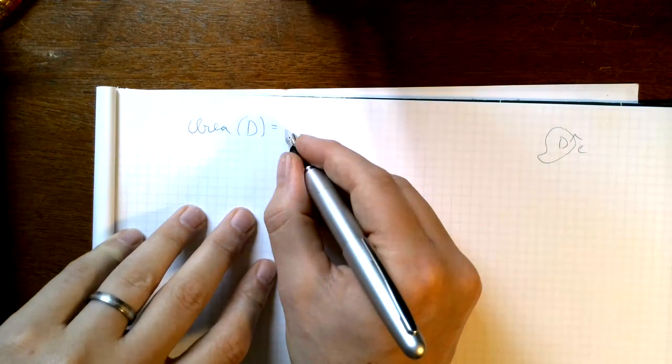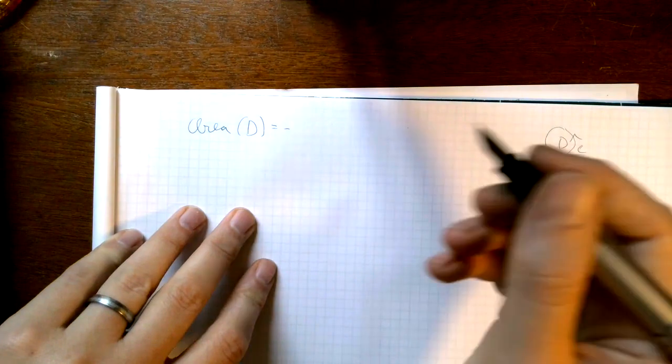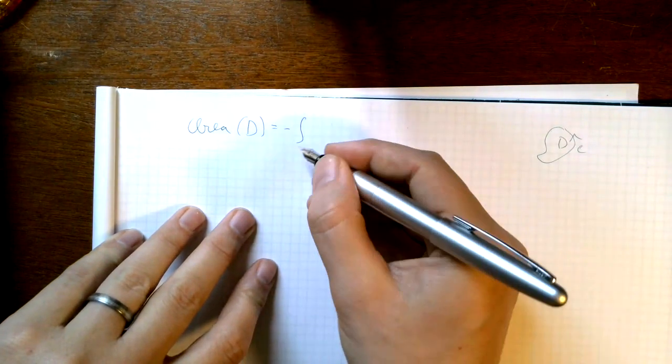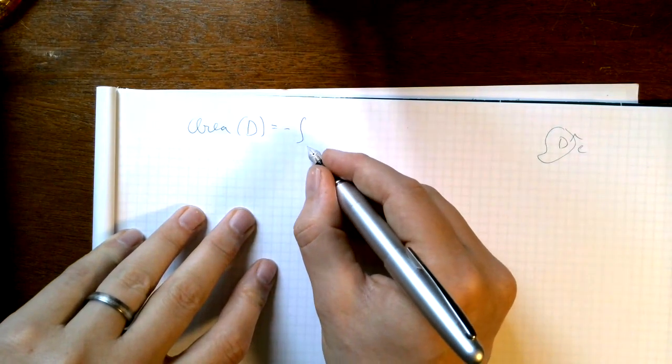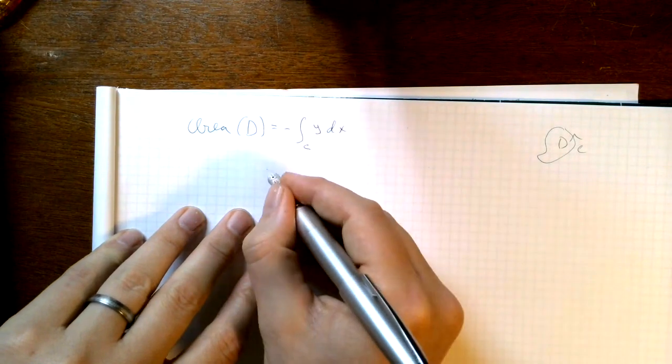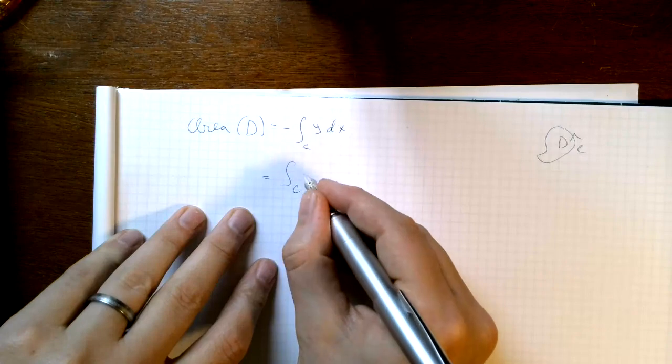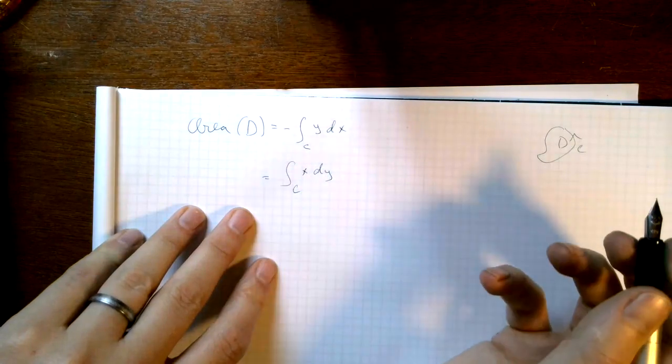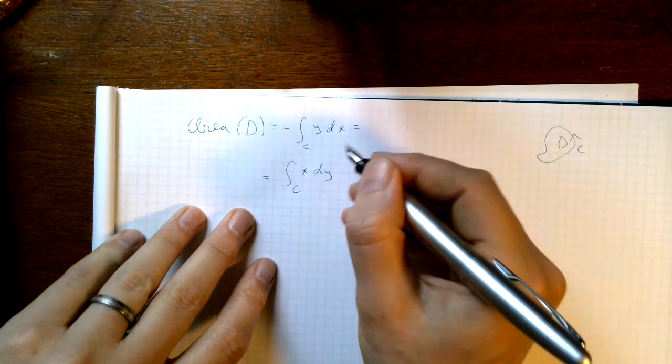There's more than two ways, but I'm going to first write down two ways. Or the integral over C of x dy, right? Why do these work? Well, by Green's theorem.